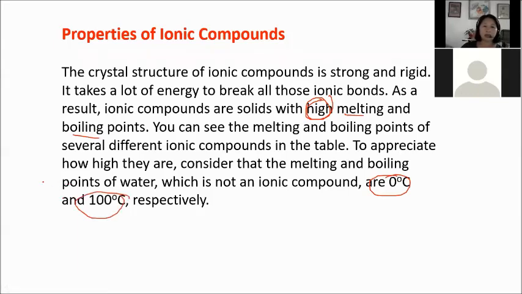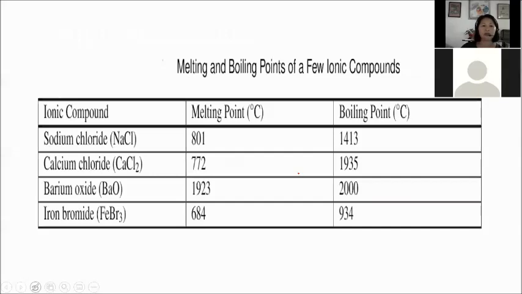Okay, here are a few ionic compounds: sodium chloride, NaCl; calcium chloride, CaCl2; barium oxide, BaO; iron bromide, FeBr3.